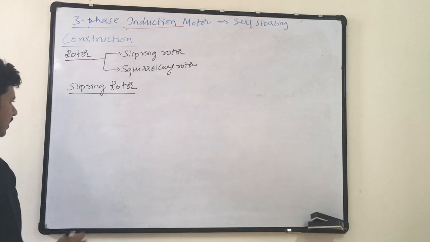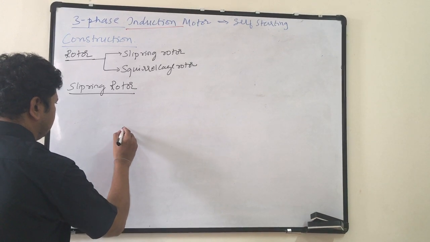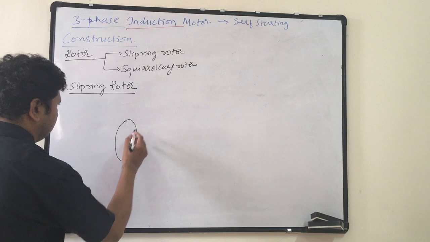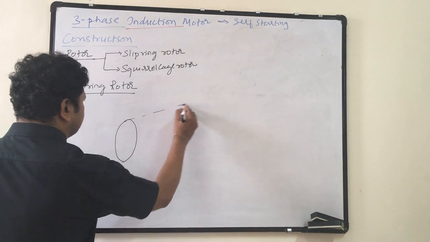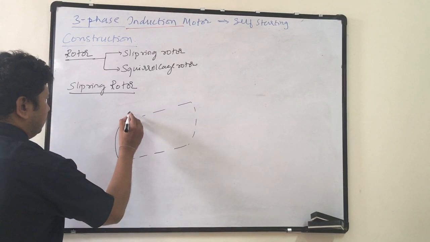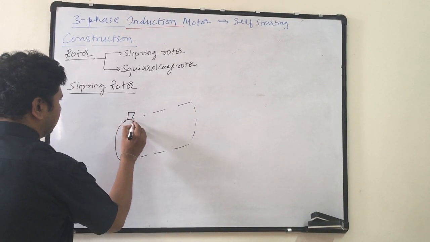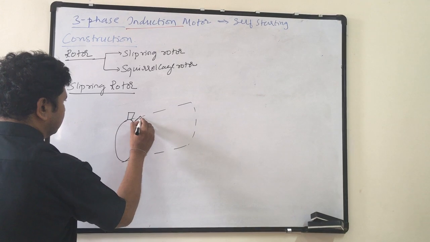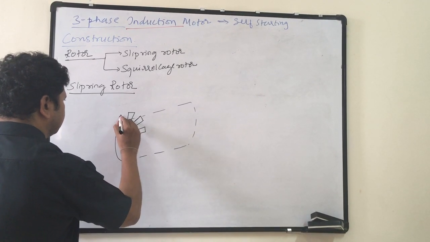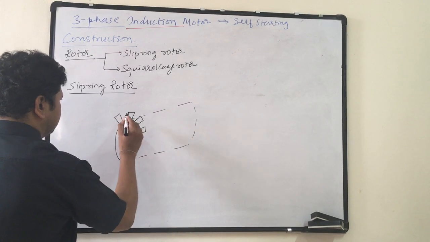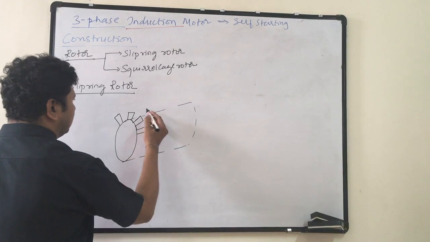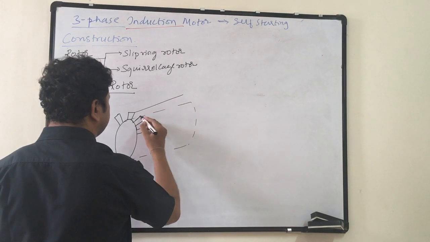Okay. So the slip ring rotor has a solid cylindrical structure. And in this case, the slots are punched on the outer periphery. So these are slots and these are teeth. Okay. So the slots are punched on the outer periphery.